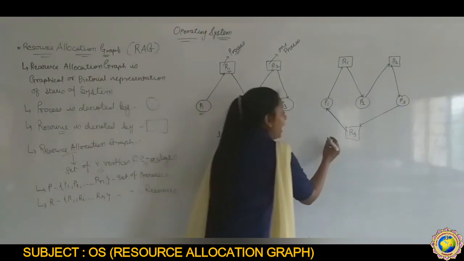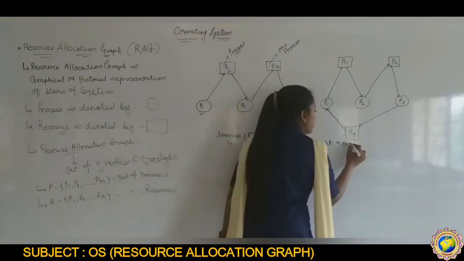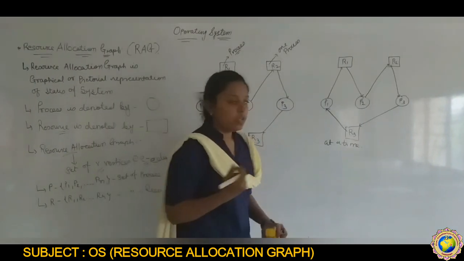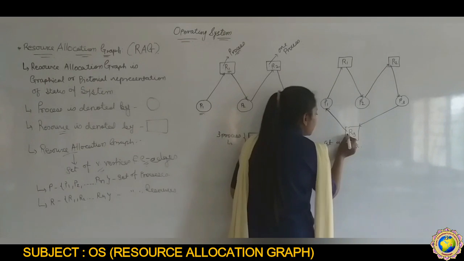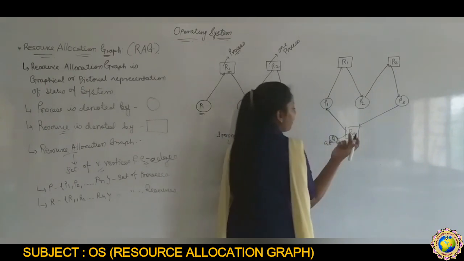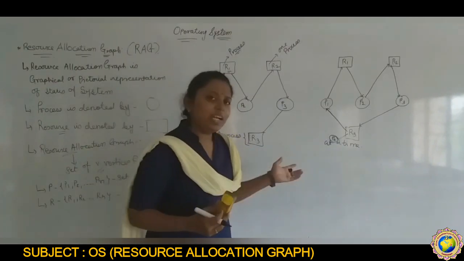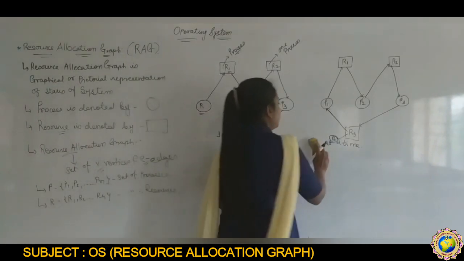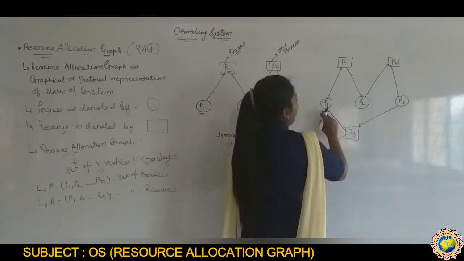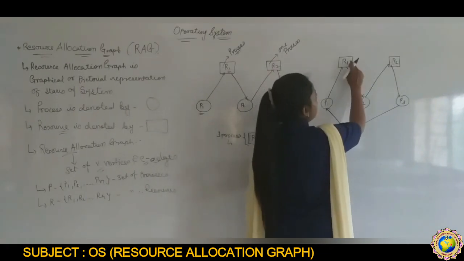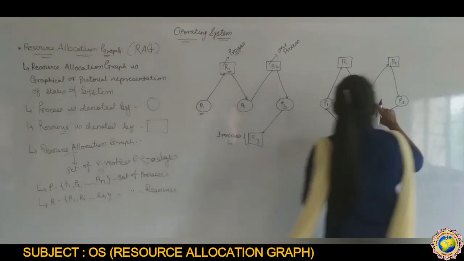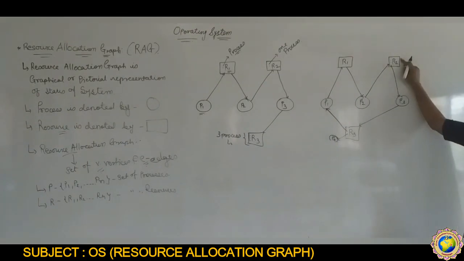That means at a time two processes can use it. Let's see another process like this, P4 or P5. We can write like this. Let's see. P1 is requesting R1. R1 is allocated to P2. P2 is requesting R2.